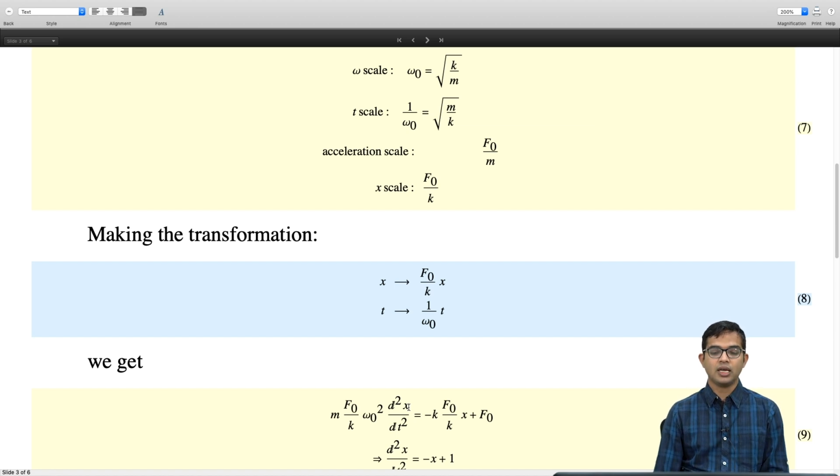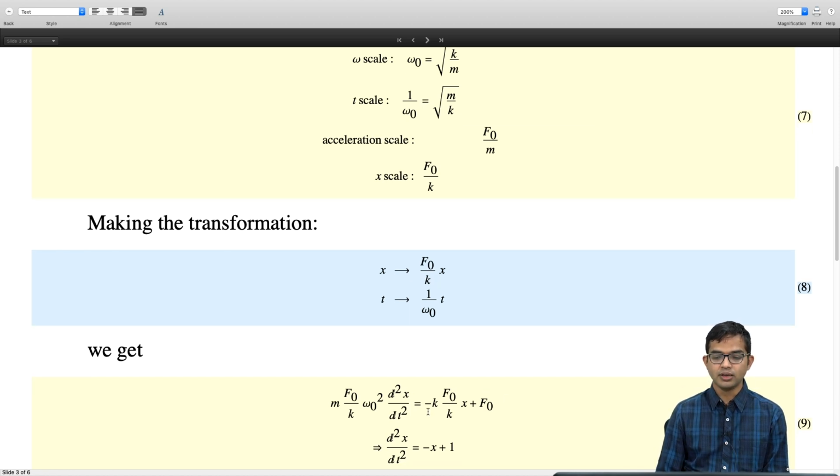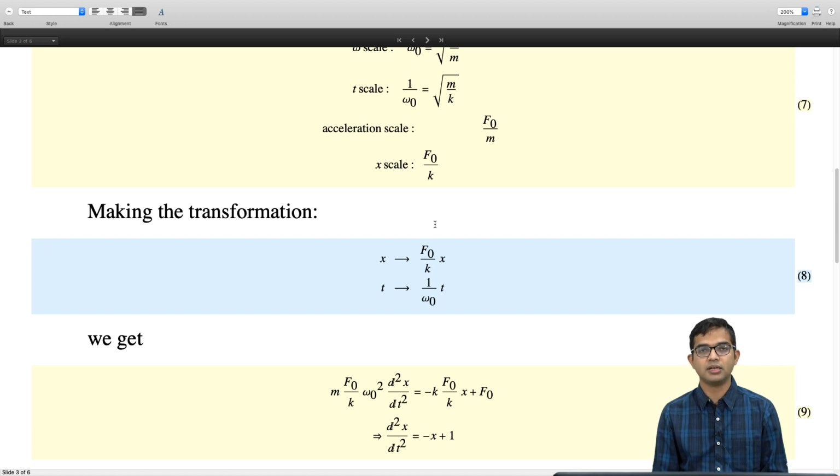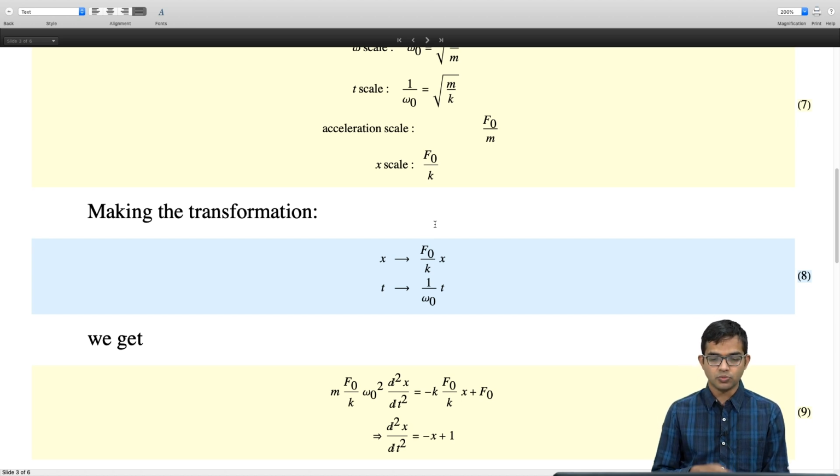So m times F naught by k times omega naught squared and d squared x by dt squared, where both x and t are non-dimensional, is equal to minus k times F naught by k times x plus F naught. There is an external force which has to be included, and if you take care of the algebra, and recall that omega naught squared is equal to k by m, a lot of cancellations happen, and then you get this very simple differential equation. The second derivative, d squared x by dt squared, is equal to minus x plus 1.